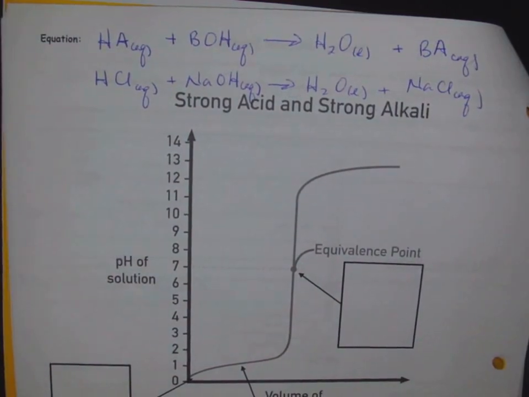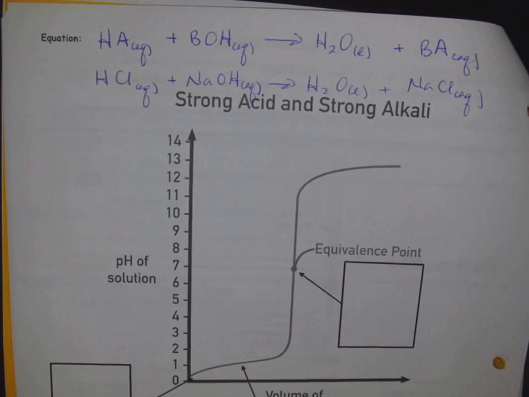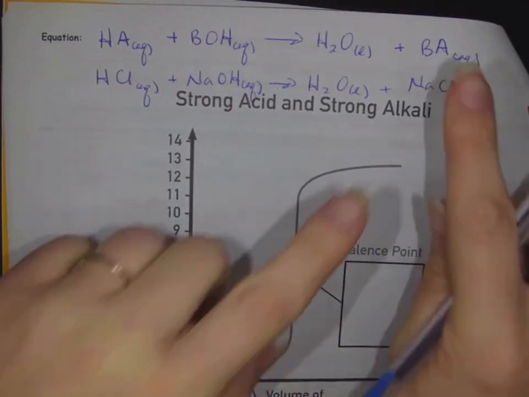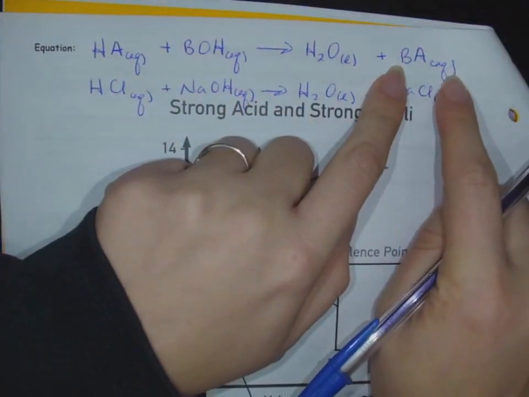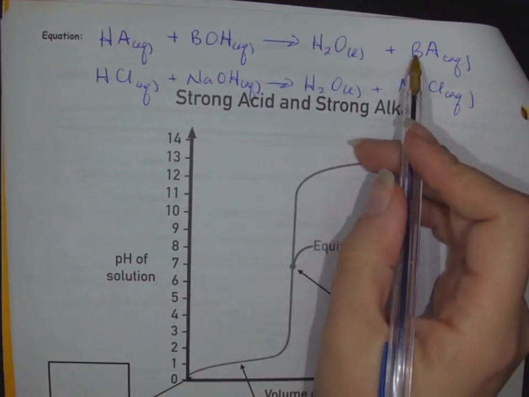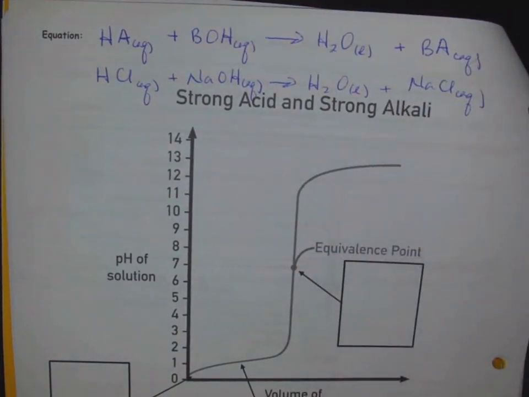Okay, now I'm going to focus on just the acid part of this for a moment, because you know how this would break apart, like if it's aqueous and it's an ionic solution, then it would break apart into a B plus and an A minus.